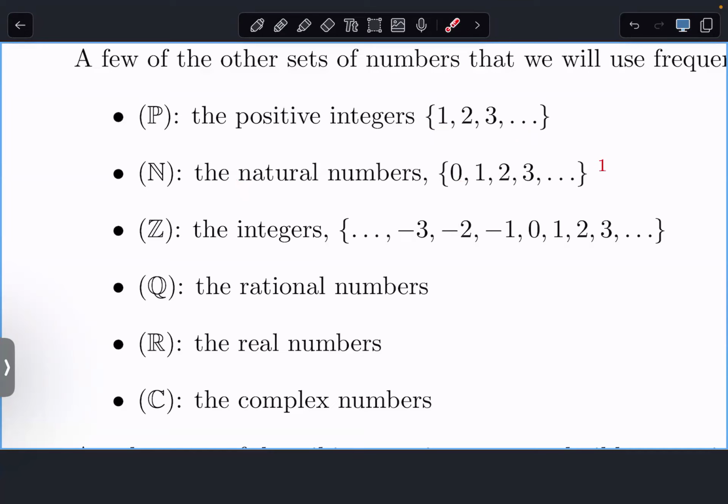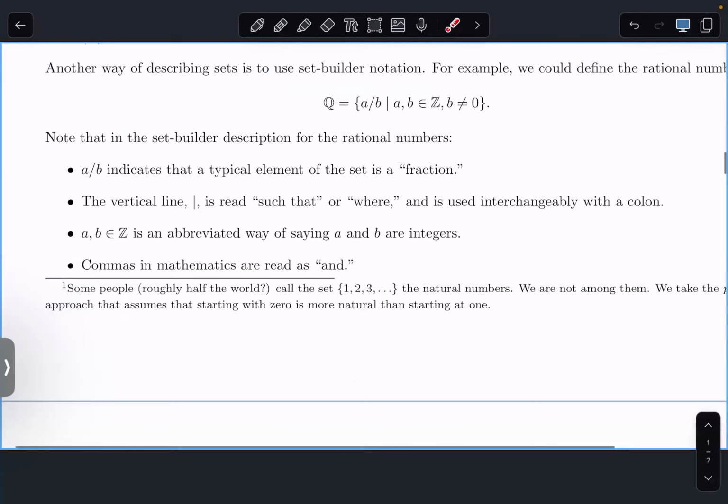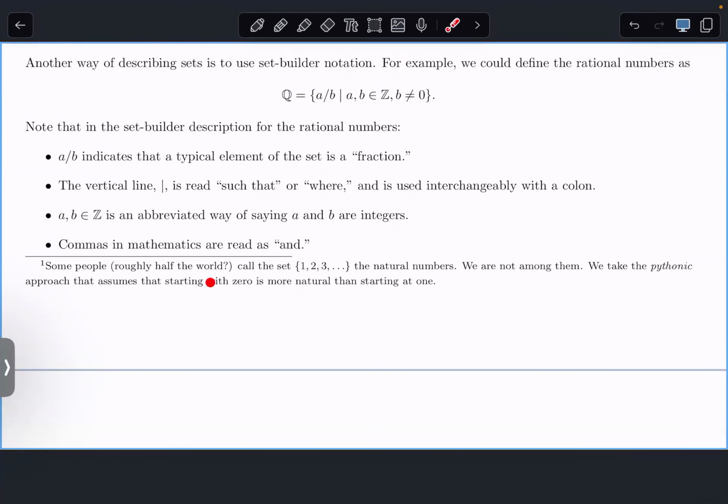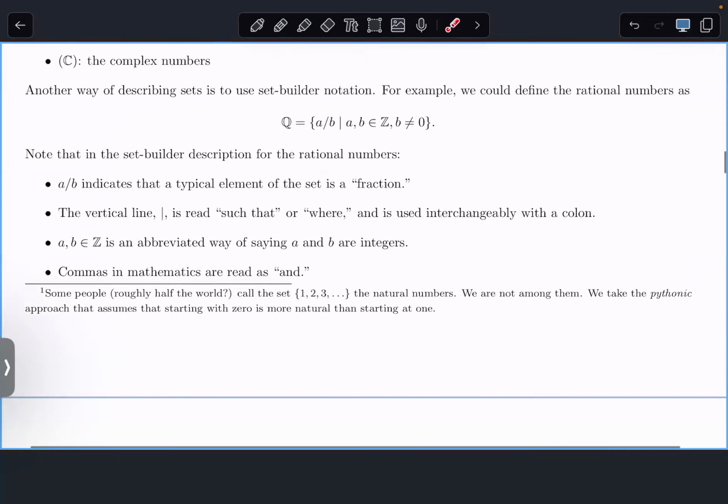It's kind of a hot debate in discrete mathematics: is this the set of natural numbers? Well, I even added the footnote, a fun fact. Roughly half the world calls the set 1, 2, 3 the natural numbers. We don't. We call 0, 1, 2, 3, etc. the natural numbers, which I guess is the Pythonic approach.